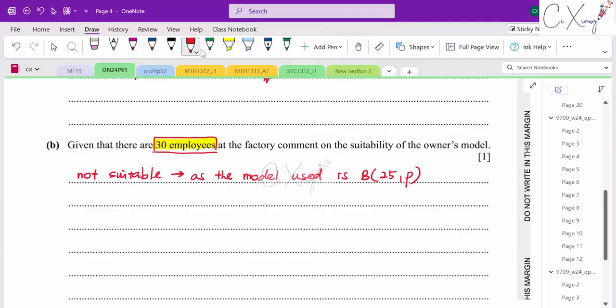And some students say, oh, I feel that it is suitable because maybe not all the employees are going to the canteen. So if you say suitable, then you have to tell them the reason, where the owner knows not all employees are using the canteen.